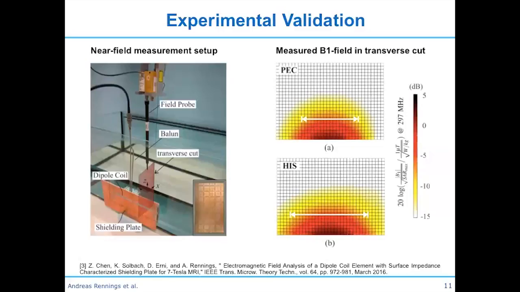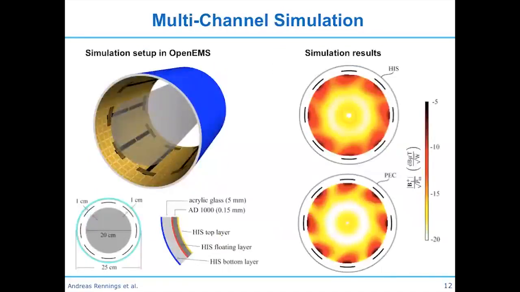And also the penetration depth is a little bit larger. It's tricky to see. The difference is not really huge. In the next slide, where I talk about the multi-channel arrangement, the difference is more obvious. Here is the multi-channel simulation. I'm talking about an 8-channel arrangement, similar dipole coil.